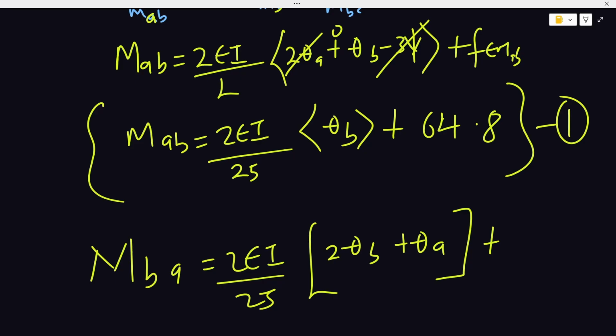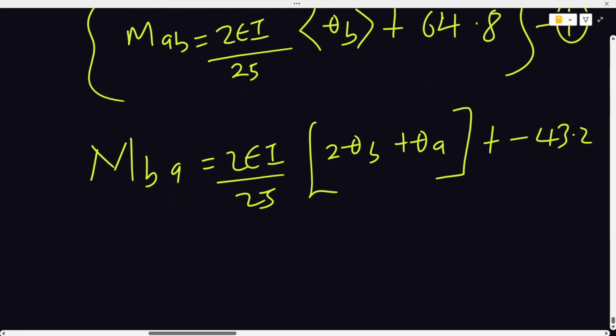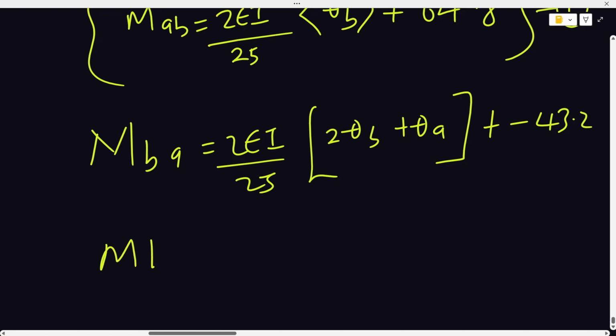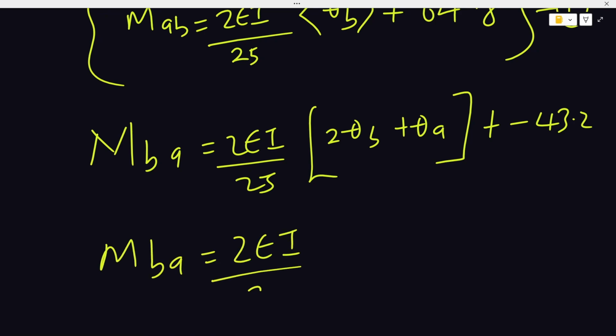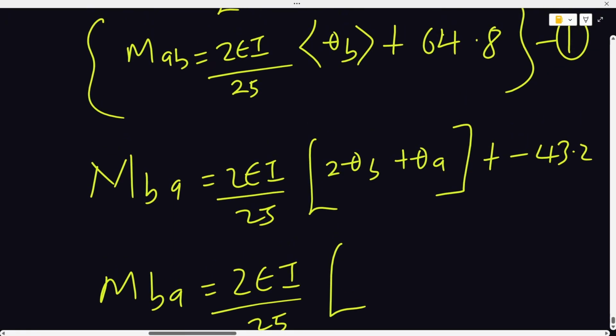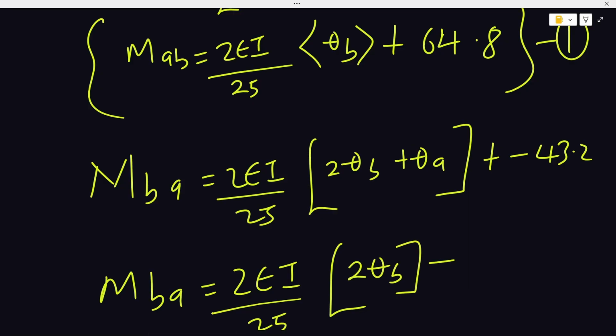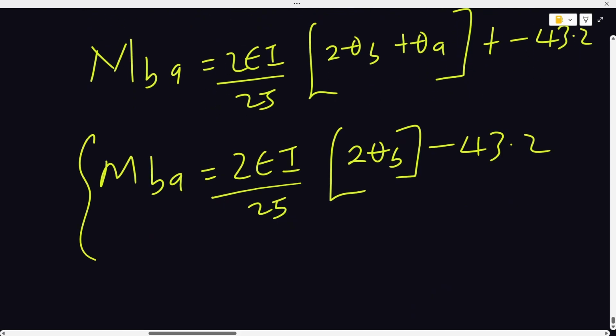FEM BA is minus 43.2. So MBA is 2EI over 25. Now theta A is 0, once again I explained it. So 2 theta B minus 43.2. So this is equation 2.